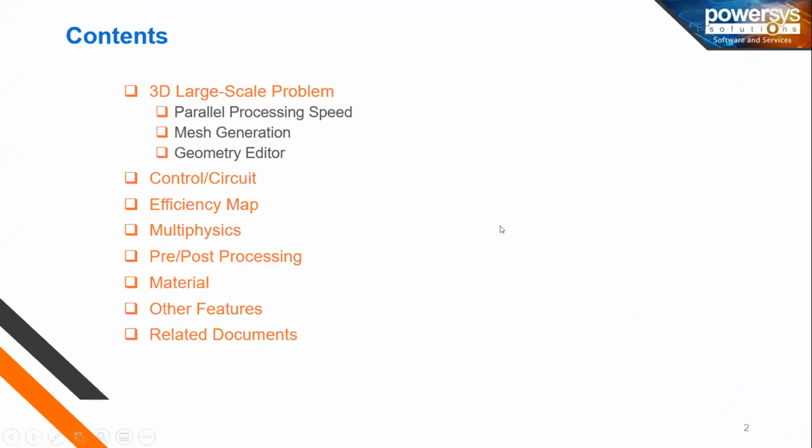We will be discussing the 3D large-scale problems, how the speed is drastically improved in version 21 when compared to previous versions like version 20.2, and what new features are added in the control and circuit part, efficiency map, multiphysics, and pre- and post-processing, what changes are adopted in the material database, and what are the other features of version 21. That is what we are going to discuss in detail during this session.